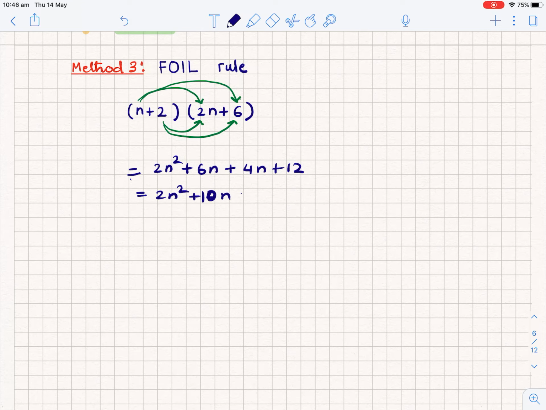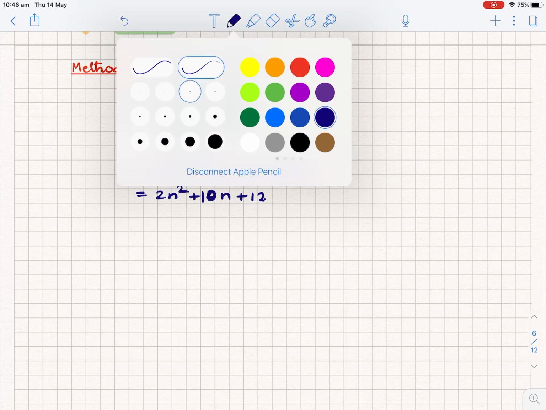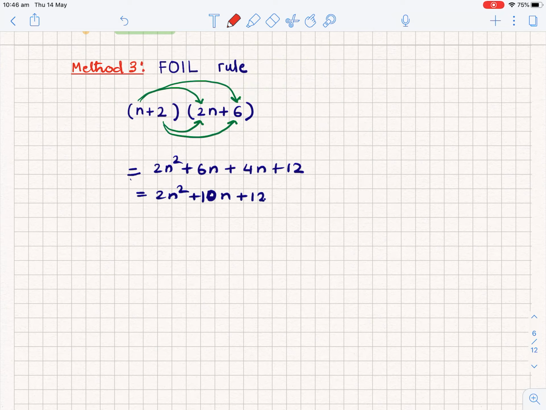Now why is this called the FOIL rule? If you look at n times 2n, these are the first terms of the two algebraic expressions, so it's F. Then n times 6 means the outer terms of these two expressions, so O. 2 times 2n, the inner terms of these two binomial expressions, I. And then 2 times 6, the last terms of these two binomial expressions, L. That's why it's called the FOIL rule.